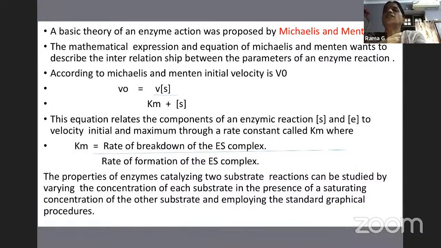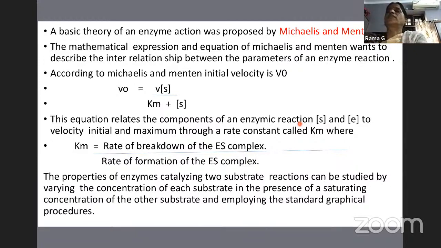And this equation relates the components of an enzymic reaction and the velocity, initial and maximum, through a rate constant called Km. What is Km? It is the maximum enzymic reaction constant. So this equation relates the components of an enzymic reaction.